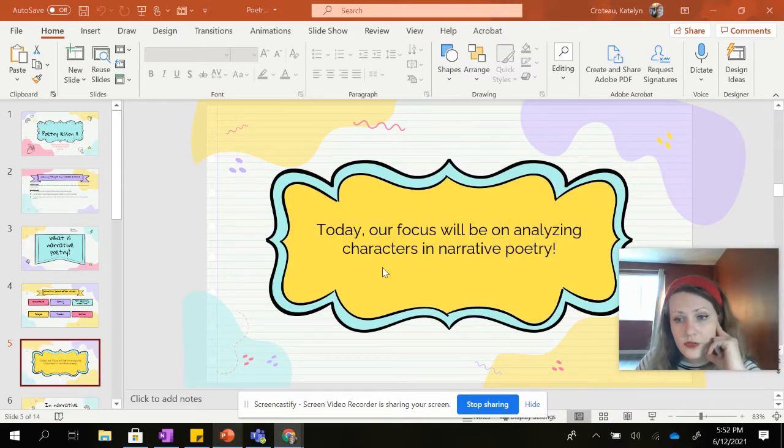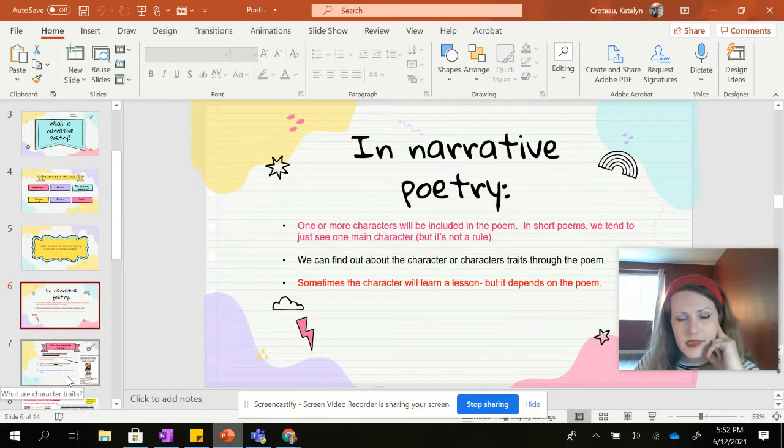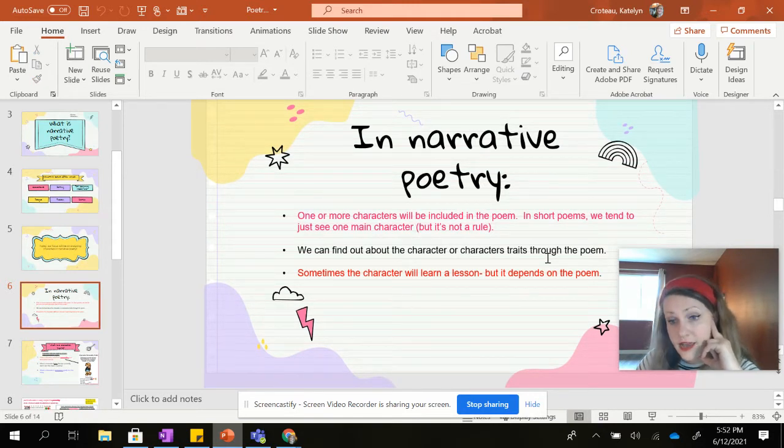So we're going to analyze characters within narrative poetry. In narrative poetry, one or more characters will be included in the poem. In short poems, we do tend to see just one main character. That is not a rule, though. If you think back to the ones we were reading earlier today, there was the one about the fishing trip.